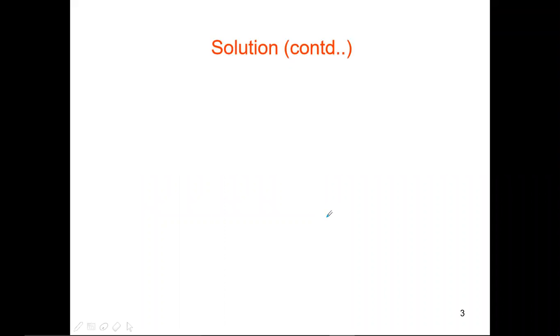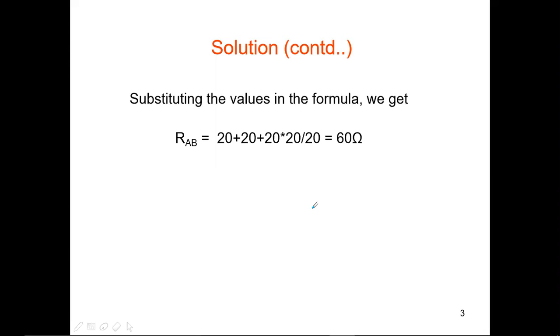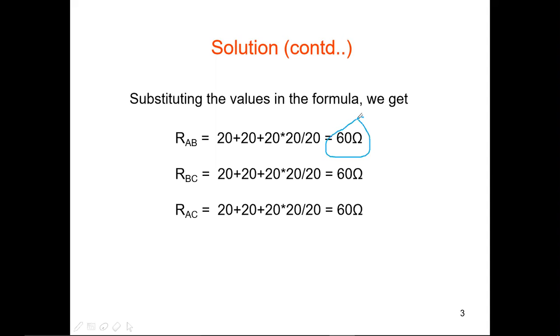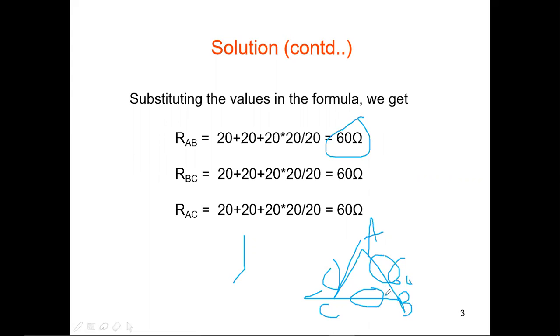So what is the solution? Substitute the values you already wrote in the given data. If you substitute those values, you get 60, 60, 60. After writing all the steps, you need to draw the circuits clearly. While solving each step, you need to draw the final circuit in delta mode, showing the value of each arm and denoting the nodes A, B, C. You should write 60 ohms, 60, 60 like this.